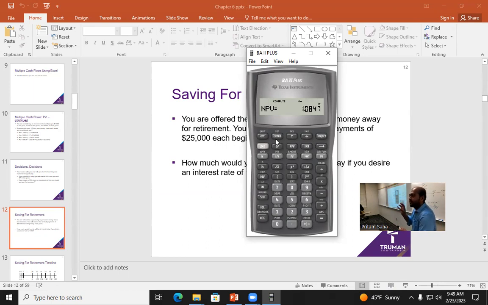Cash flow 0 is 0. Cash flow 1 is 0 for 39 years. Cash flow 2 is 25,000, or 25, you can write it and then multiply by 1,000 later. 25 for 5 years. Compute NPV, discount rate 12%, and then you're getting it. Making sense?